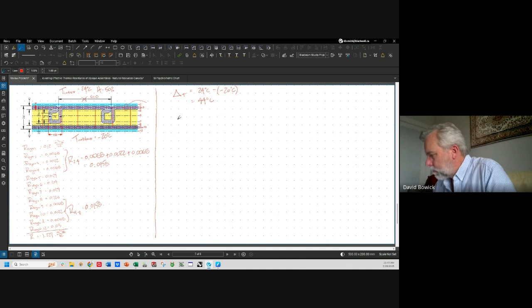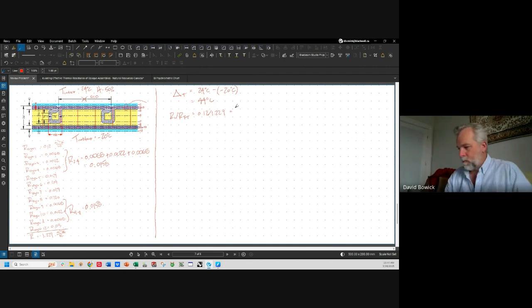R1 over R total is 0.12 over 1.229, right? 0.12 divided by 1.229 is 0.10.